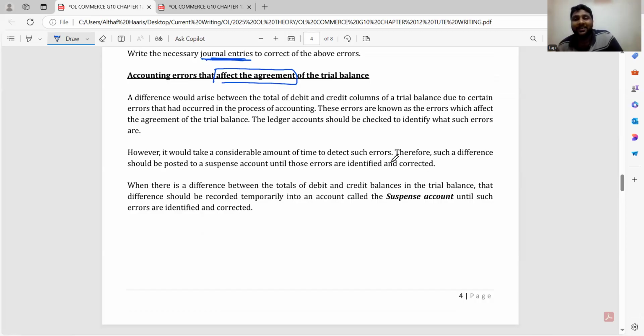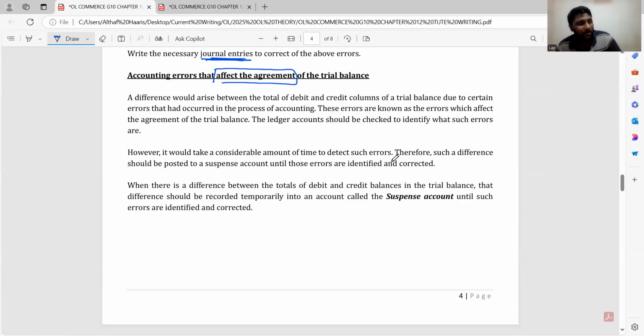There can be errors where even your trial balance is balancing. The trial balance balances but is still wrong.